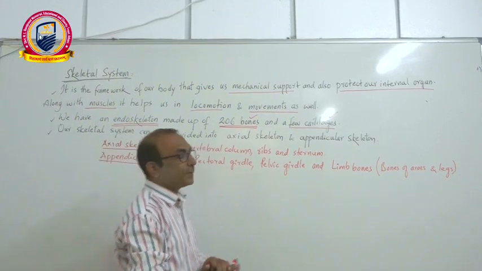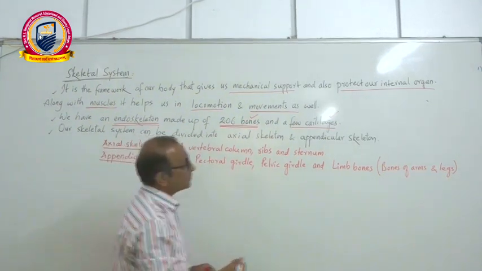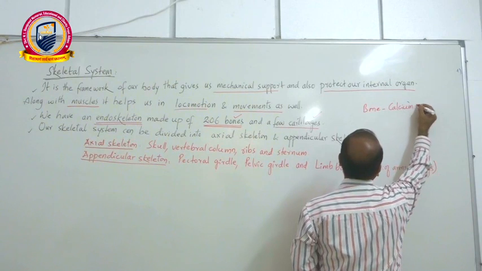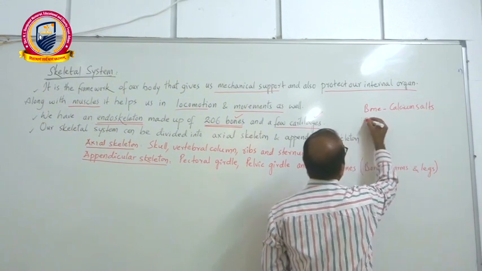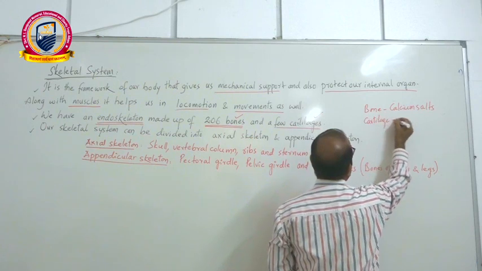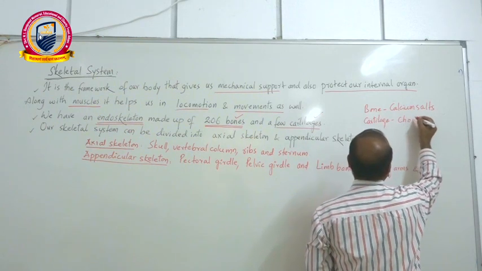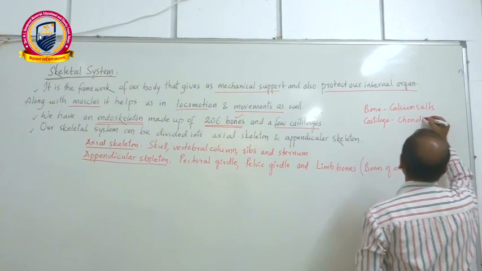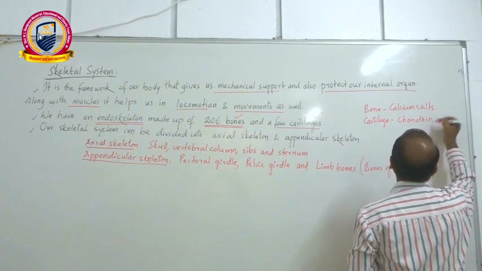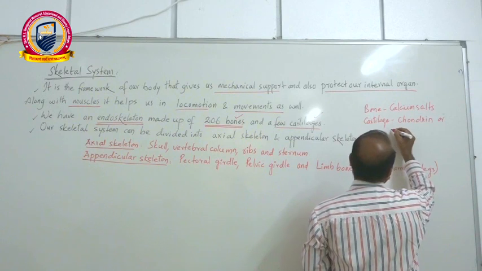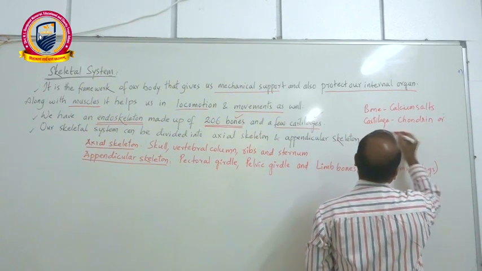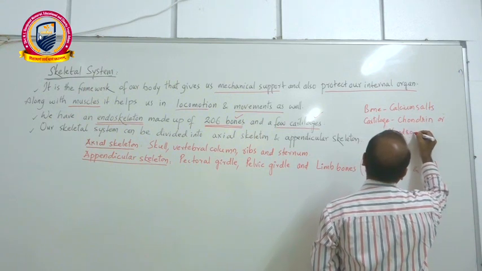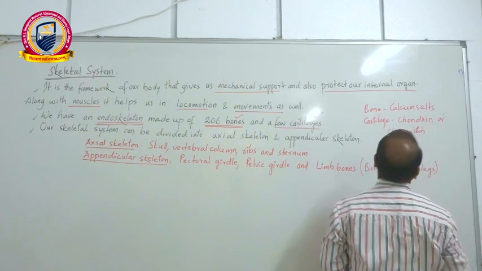Bone is a very hard structure which is made up of calcium salts, whereas cartilage is made up of another carbohydrate material, chondrin, or chondroitin material.